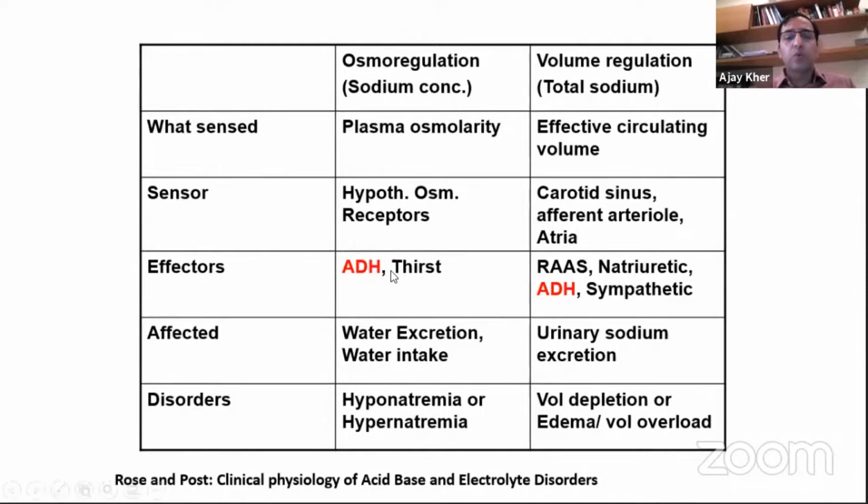In response to ADH, we have water reabsorption, and in response to thirst, we have water intake. That will increase water in the body. If the osmolarity is low, then both of those get shut off, ADH and thirst, and we have water excretion. If there is any problem in this system, then you can have hyponatremia or hypernatremia.